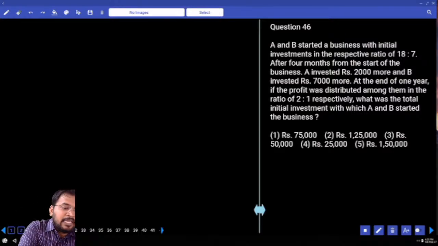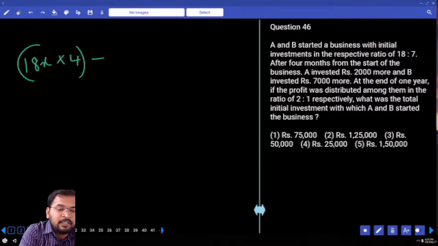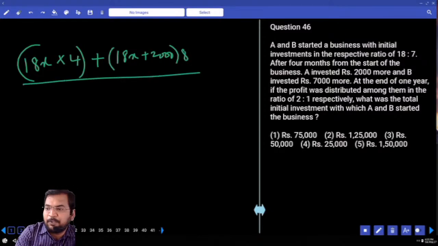Now A's initial investment, we don't know, so I assume it as 18x. Up to 4 months it is 18x. After 4 months, what happened? It becomes 18x plus 2000, for 8 months. This is about A. Coming to B, 7x for 4 months.